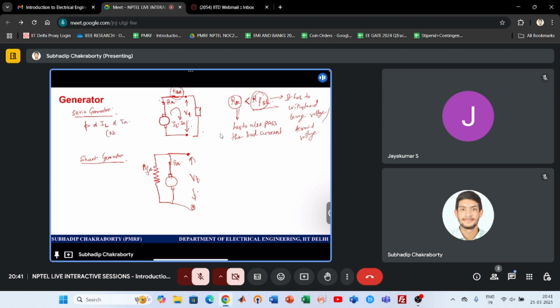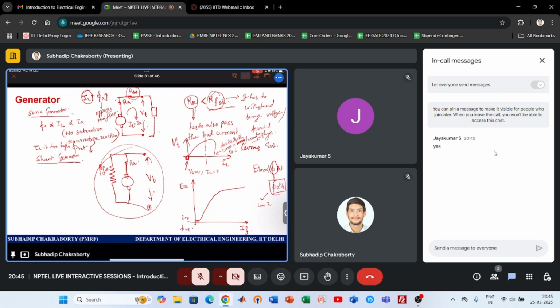There we don't consider saturation or armature reaction, because what you understand is that if current increases, this also introduces the armature flux. This increases, and armature flux opposes main flux. So if IL is too high, phi net reduces, right?